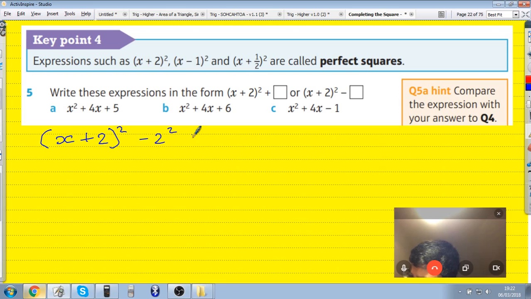Yep. I can write quadratics in the form x squared plus bx plus c in completed square form. I think that's a tick.